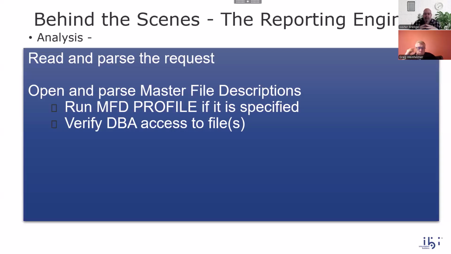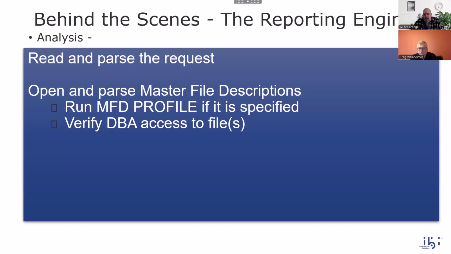We also identify, as we're parsing, any master files that you're accessing in your request. So if I have TABLE FILE CAR, it says, oh, you have a CAR, and it's in a TABLE FILE, so I need to see if you have a master. So it's going to go out, find the master, and parse the master. And if you have a multi-segmented hierarchical data structure like CAR, then we build out a tree structure again.